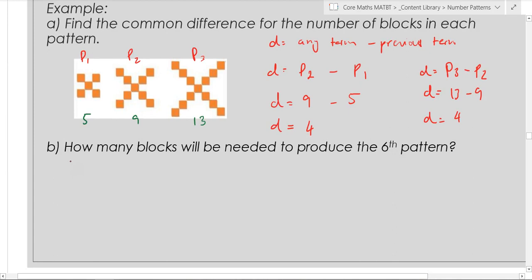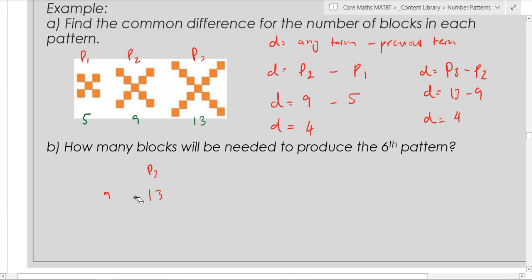Okay, well, to get the sixth pattern, we know that P1 is 5, P2 is 9, P3 is 13, and we need to figure out what is P6, which is the sixth term.